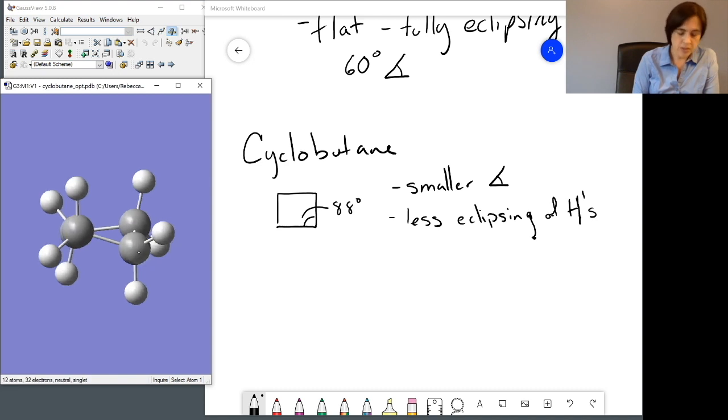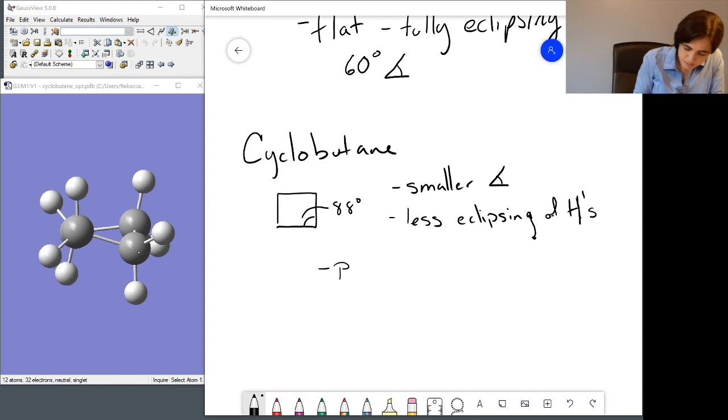They take on an angle of closer to 22 degrees, which gets us somewhat closer to our ideal 60. So it takes a penalty in terms of bond angle in order to decrease the torsional strain or dihedral strain from fully eclipsing hydrogens. So this is actually a puckered molecule.